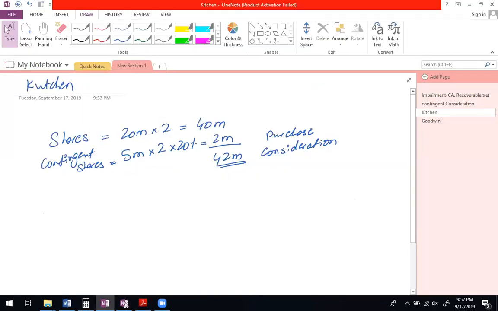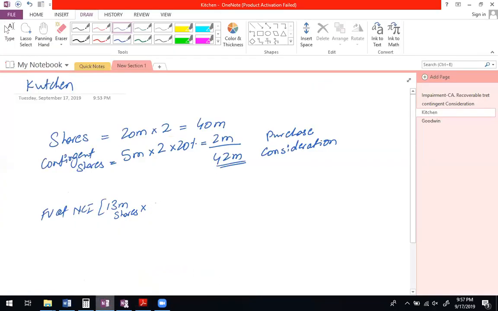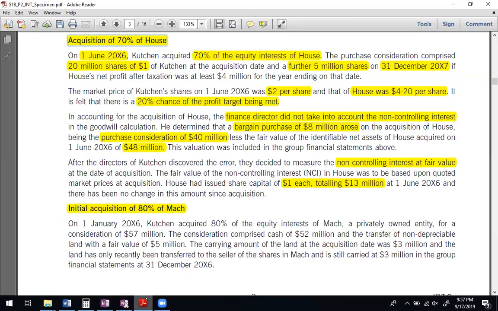So this means if we calculate the fair value of NCI, there were 13 million shares of the subsidiary, out of which we have acquired how much? 70%. So remaining 30% belongs to the NCI, and every share is of $4.2.